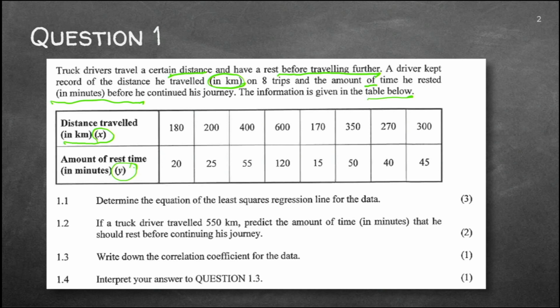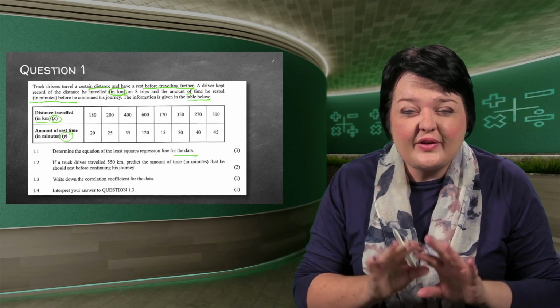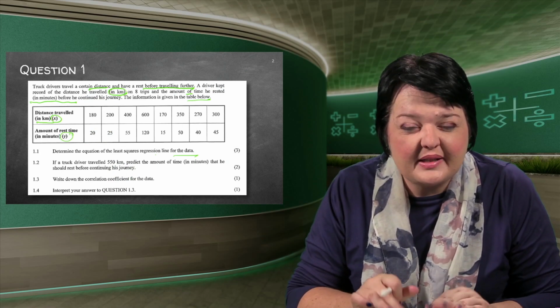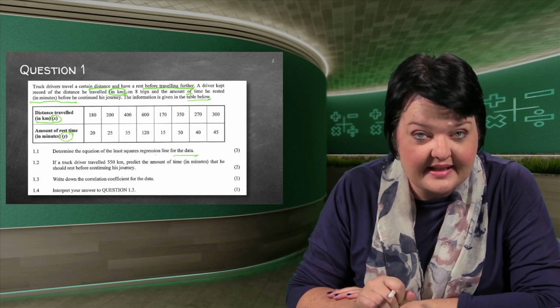So the first question states, determine the equation of the least squares regression line for the data. Remember, that's referring to the straight line y is equal to a plus bx. And this section is completely calculator work. If you're uncertain about anything, please go back to the previous lessons where we do this work in detail.